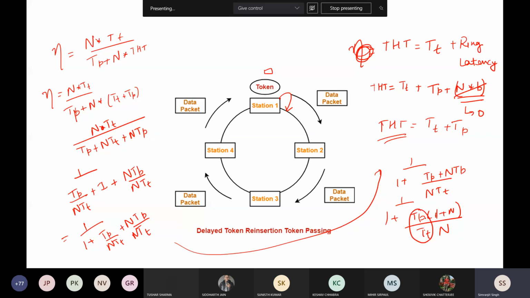Then you can convert TP over TT into a, so it becomes 1 over 1 plus (1 plus n) over n, times a.